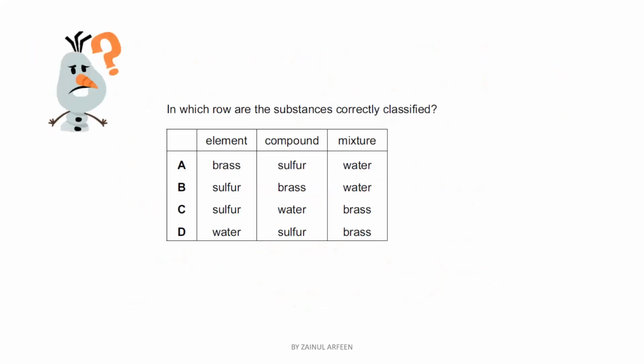In which row are substances correctly classified? So brass is an alloy or a mixture. Alloys are mixtures.